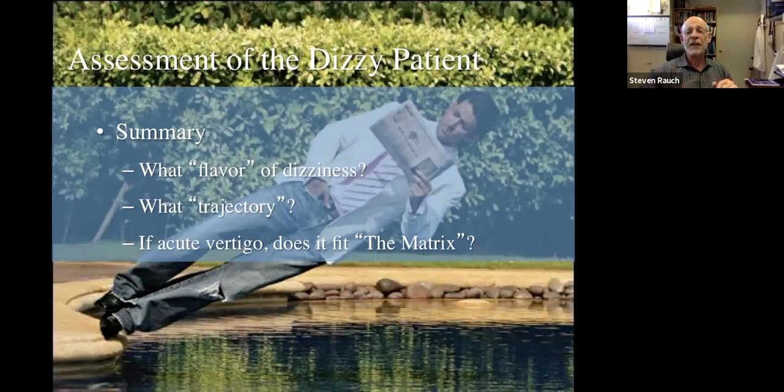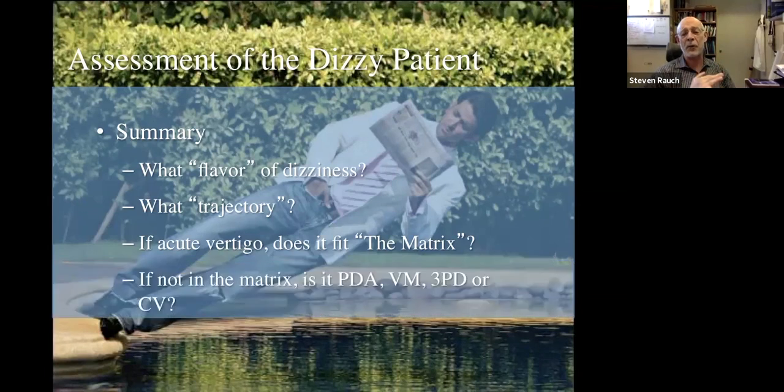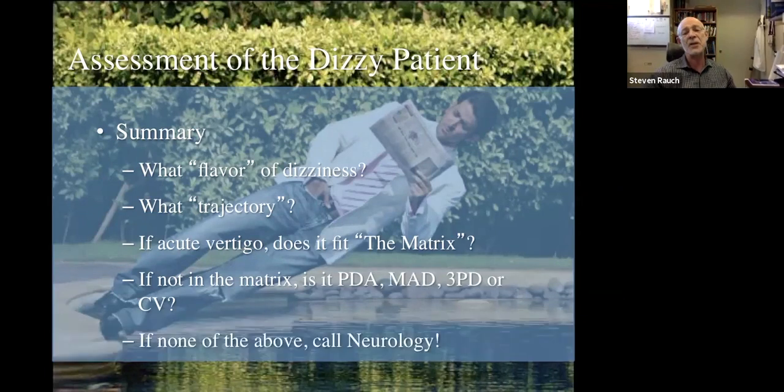If they don't fit in the matrix, I worry about progressive disequilibrium of aging, about migraine, about 3PD, and about neck problems. If none of those considerations answers the question, gets us to an understanding of the patient, then my patients go on to see a neurologist.